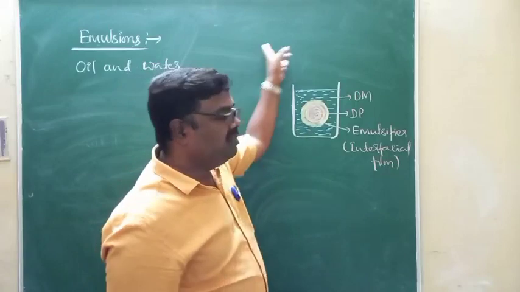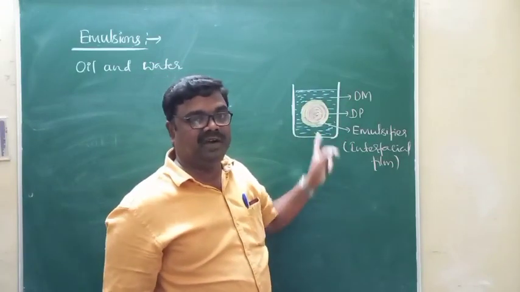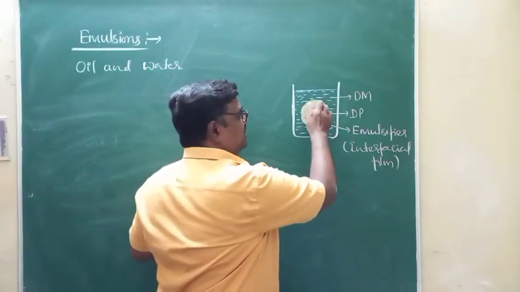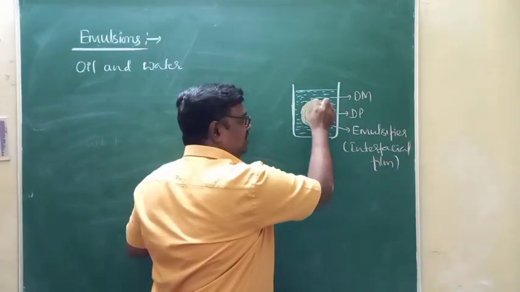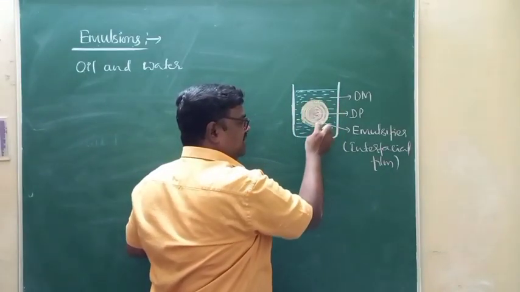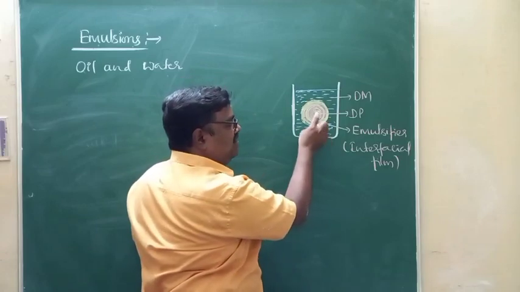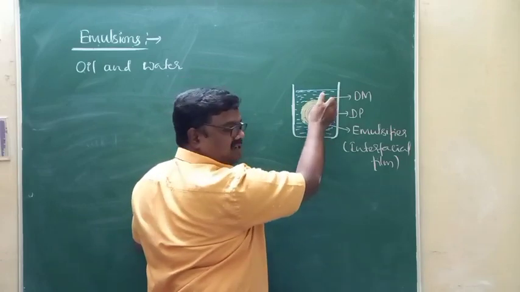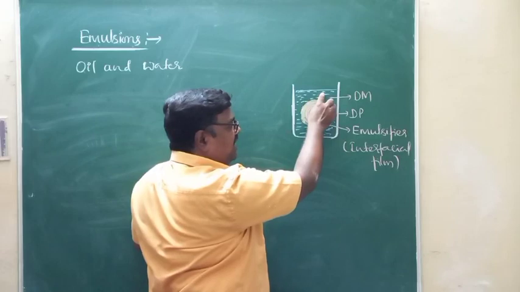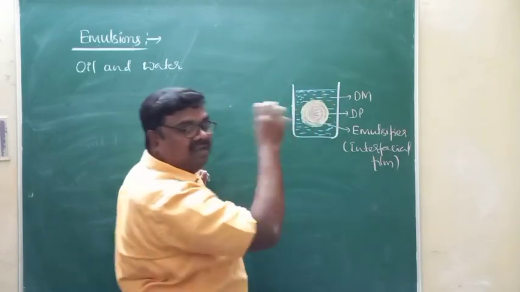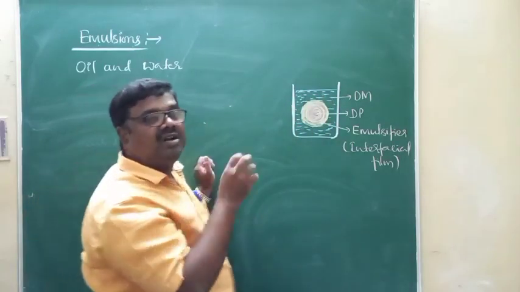If I add an emulsifying agent, this yellow colored region is the emulsifier, and it forms an interfacial film between oil and water. Thereby, oil remains suspended in the water medium.